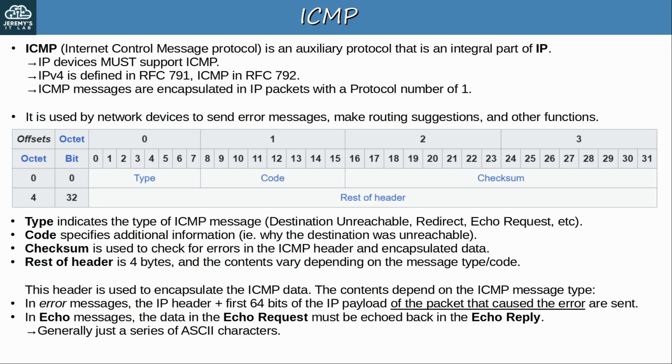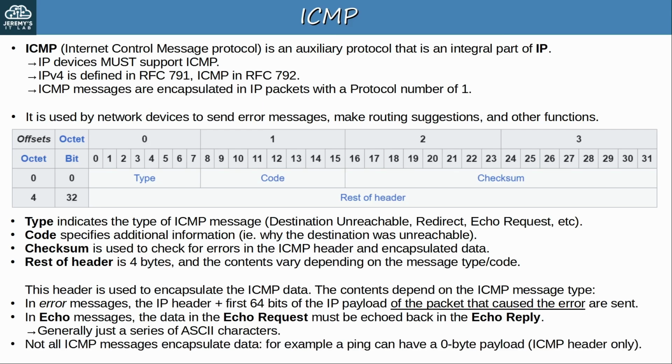But the device that receives the echo request must send the echo reply with the same data. If there are 500 bytes of data in the request, those same 500 bytes must be in the reply. However, note that not all ICMP messages encapsulate data. For example, a ping can have a 0-byte payload, which means it'll send the ICMP header only.